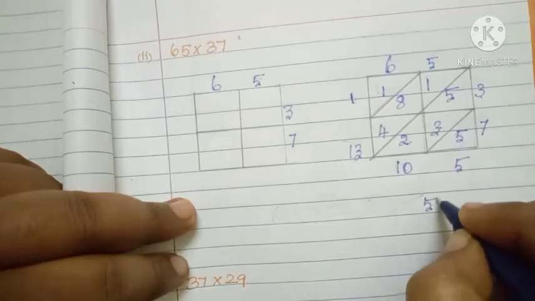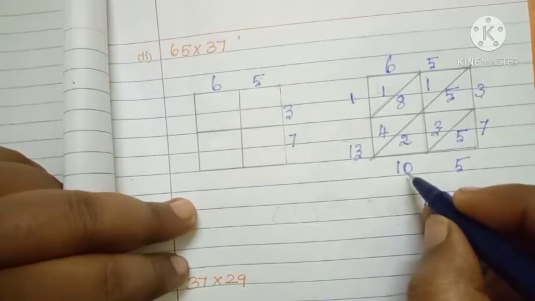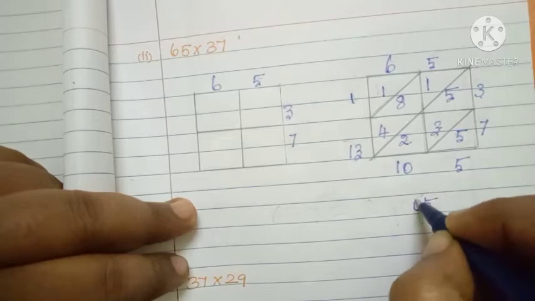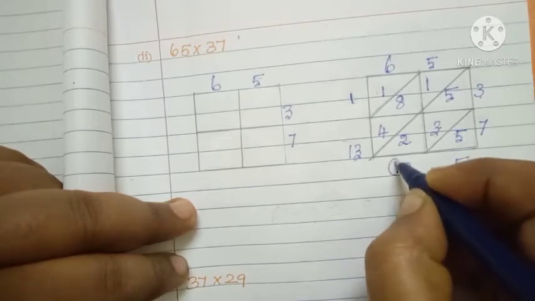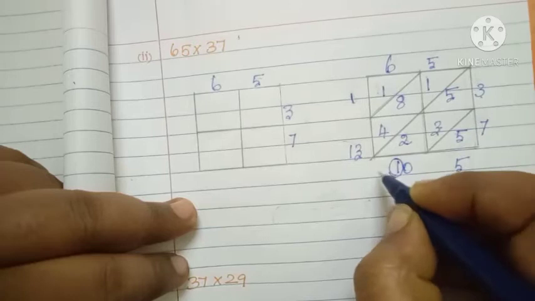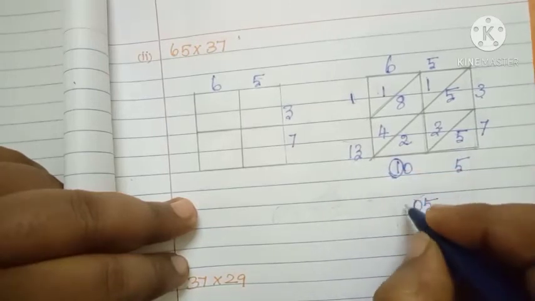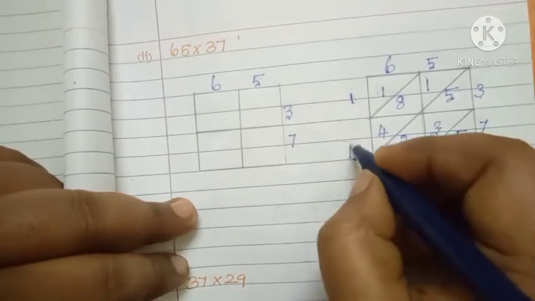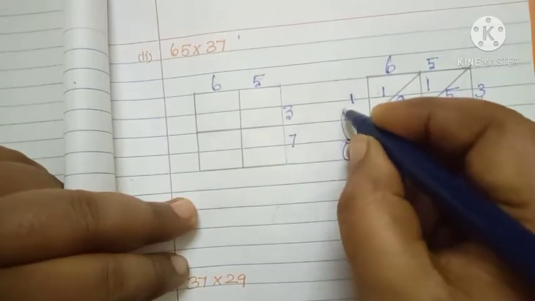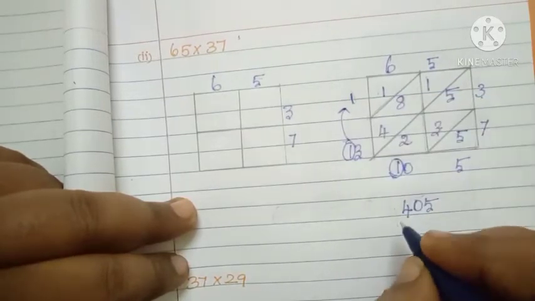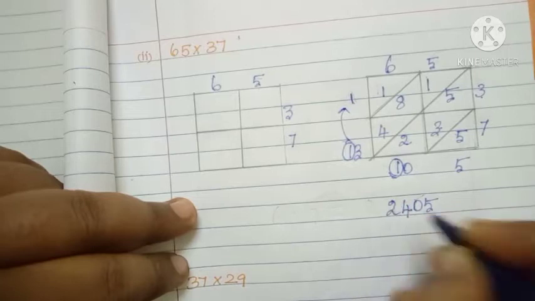5. Here there are 2 digits, so write only the ones place here, and give the other digit to the next place. So 13 plus 1 is 14. Write the number 4, and 1 is carried over. Give it to the next place: 1 plus 1 is 2.